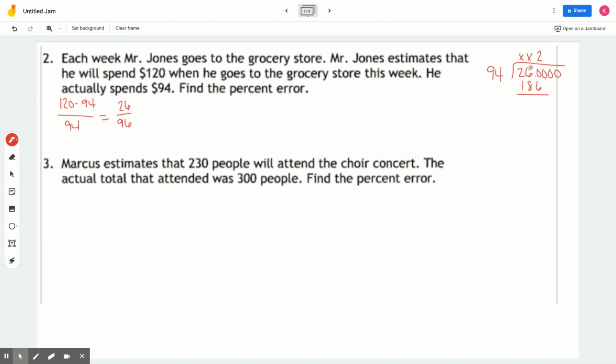We can then subtract to get 74 and bring down a 0. 94 can go into 740 7 times. 94 times 7 is 658, which will give us 82. Again, bring down another 0. 94 can go into 820.